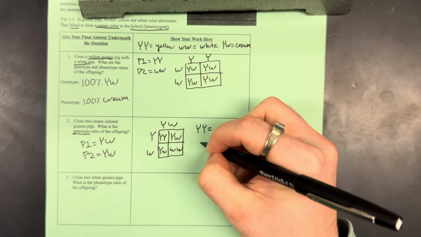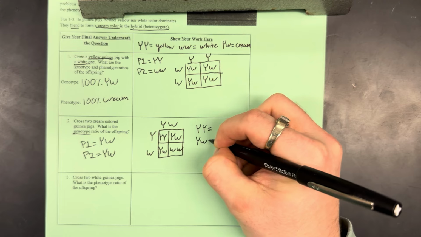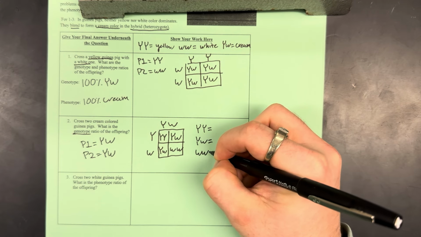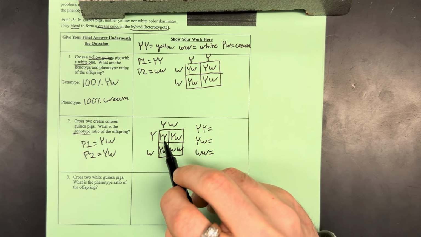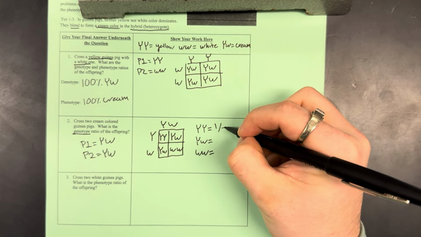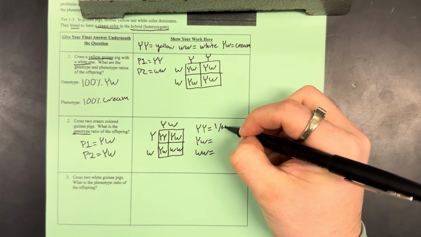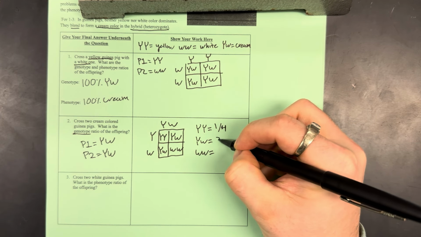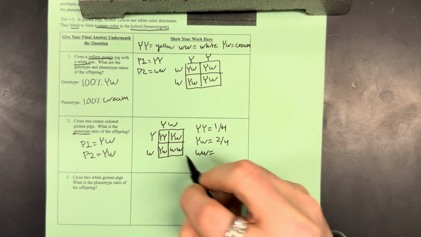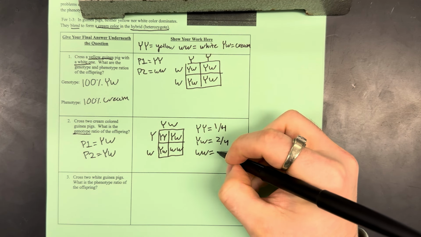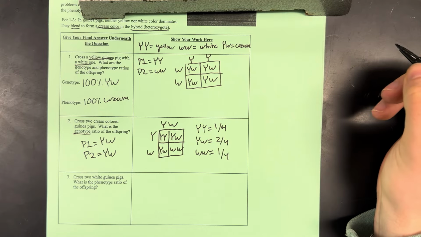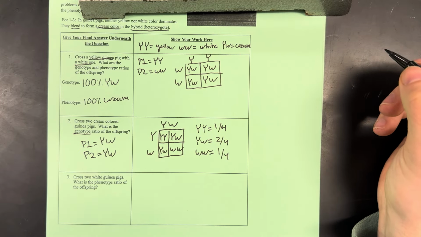YY equals 1 out of our 4. YW equals 2 out of our 4. And WW equals 1 out of 4. Okay?